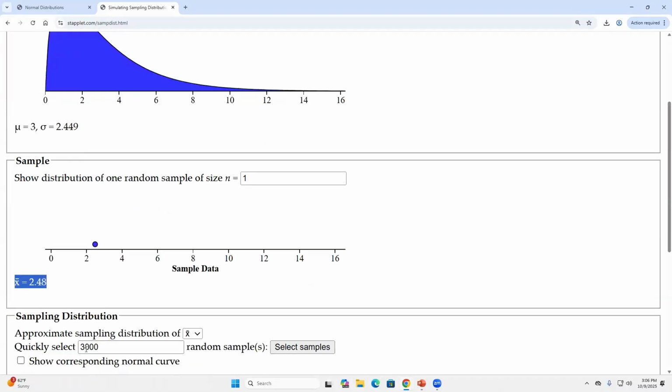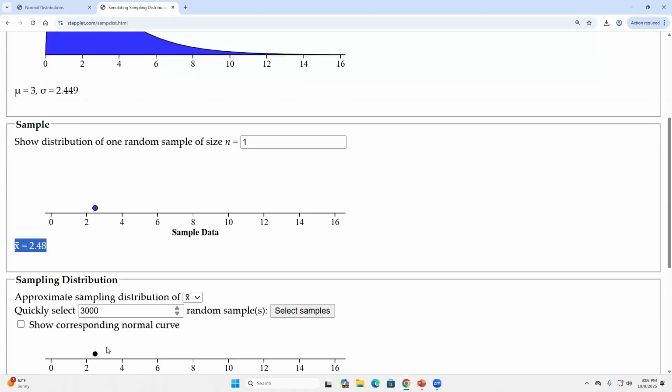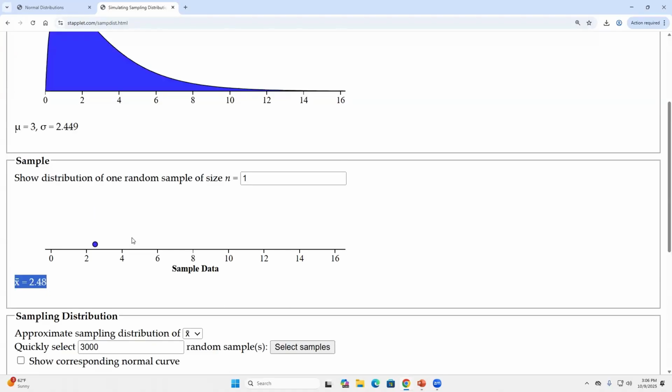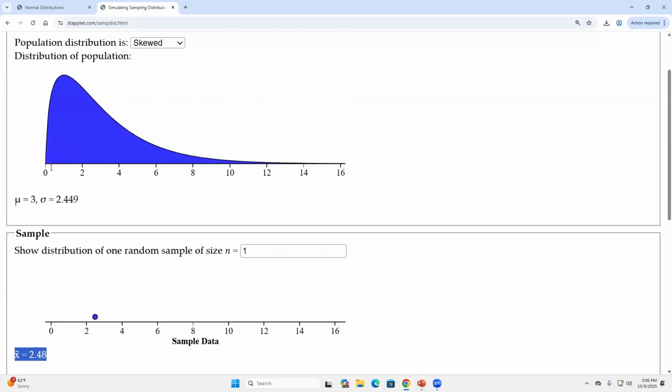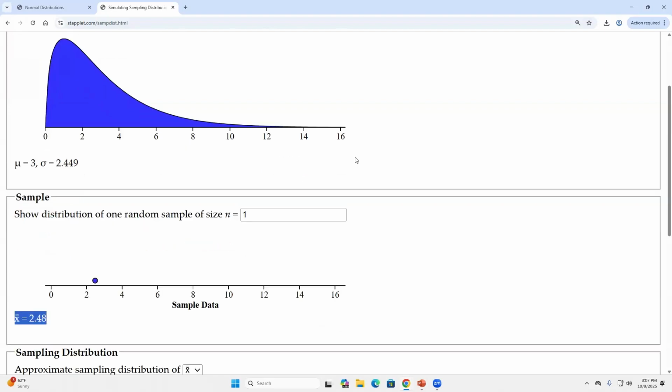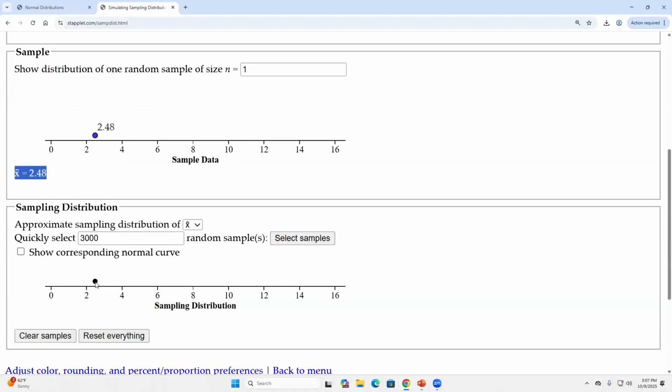And let's say that we did that for 3,000 random samples. Okay, so we'll build this up piece by piece. You have our skewed population distribution, which we don't know. We're not sure about what it is. We have a sample of a single individual, a case study taken from this population.